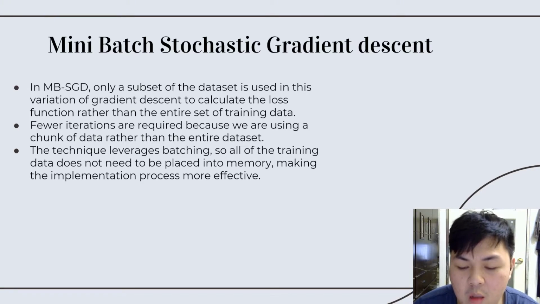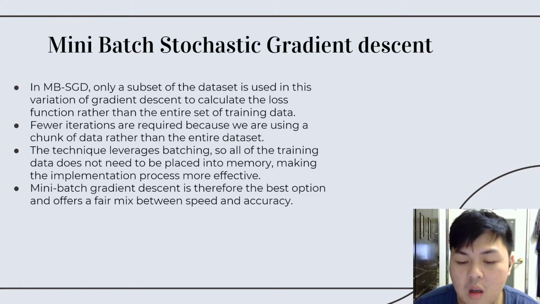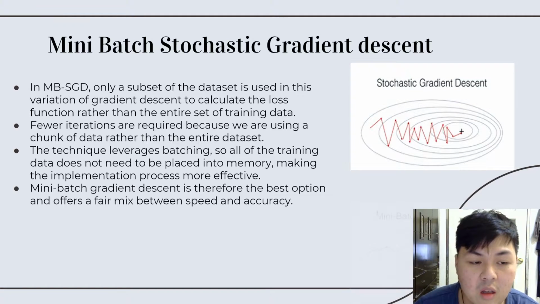Additionally, the mini batch gradient descent cost function is smoother than that of the SGD algorithm, but it is noisier than that of the batch gradient descent technique. Mini batch gradient descent is therefore the best option and offers a fair mix between speed and accuracy.